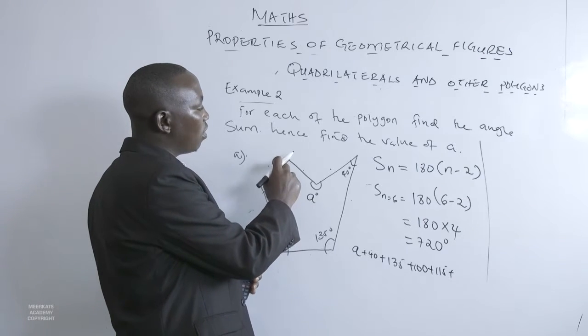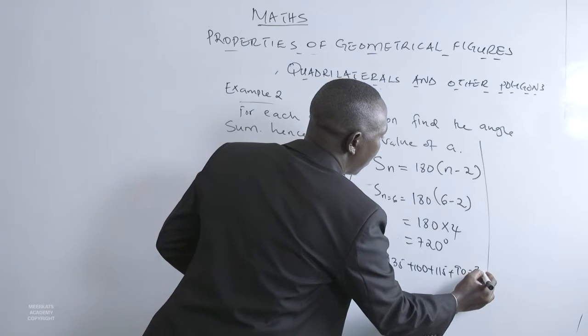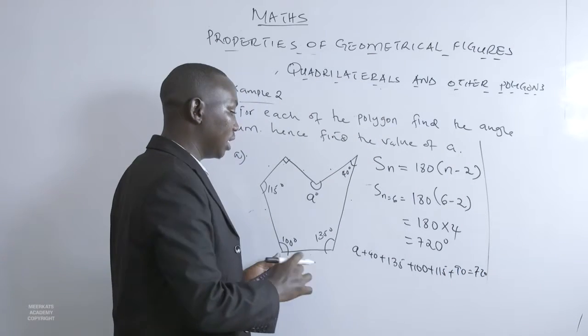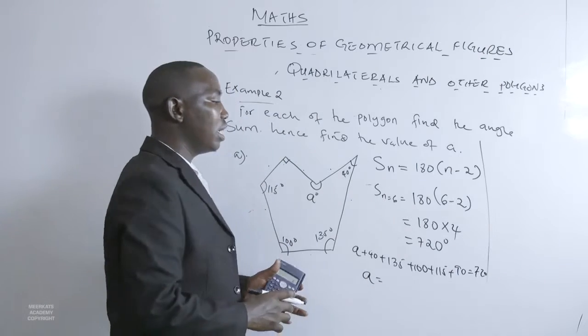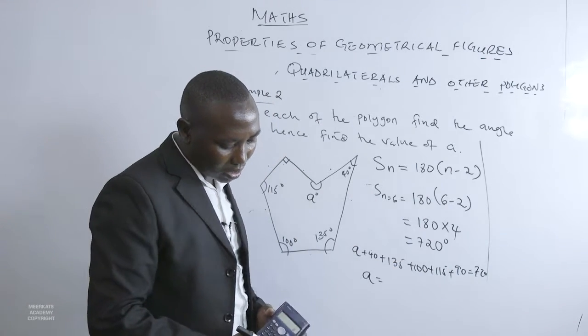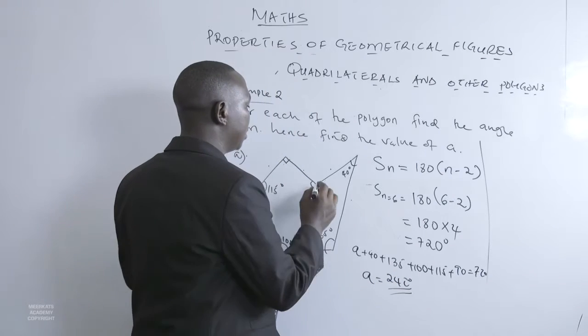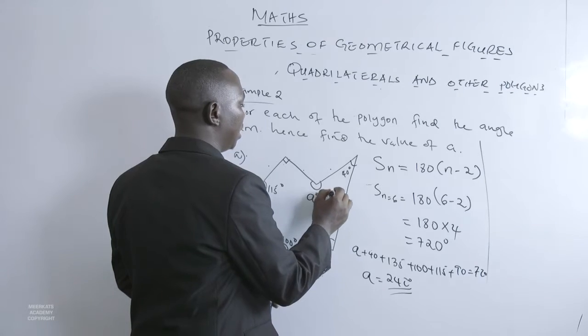It means that this angle is a right angle and therefore it's 90 degrees. Then we equate them to 720. So A is going to be 720 minus the sum of the others, which gives us 240 degrees.